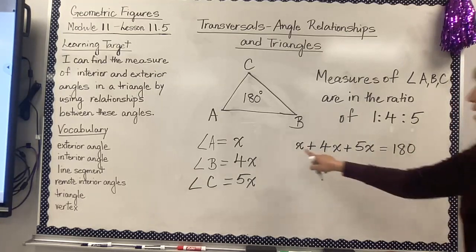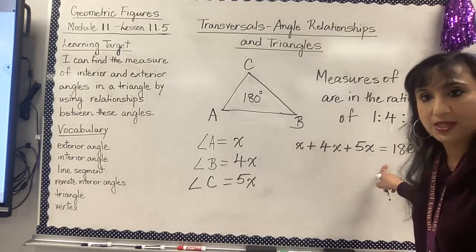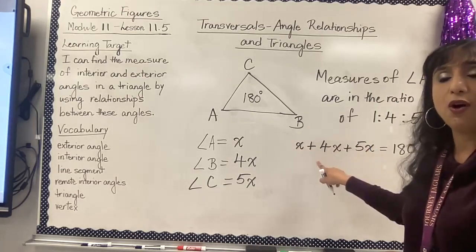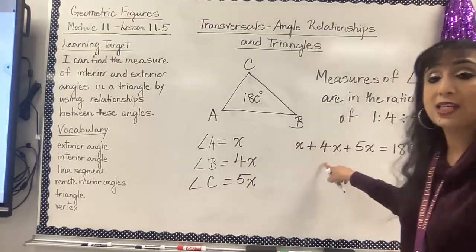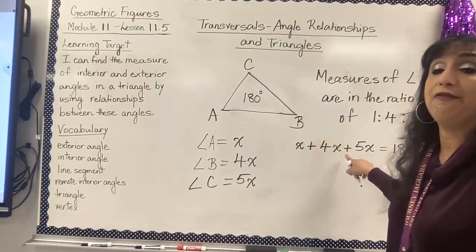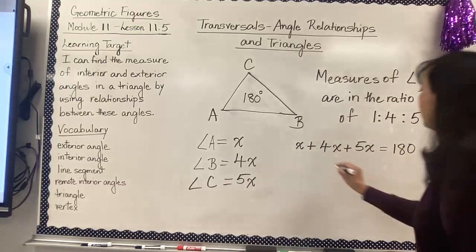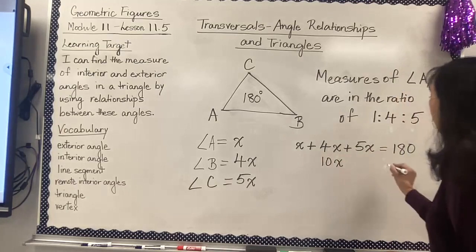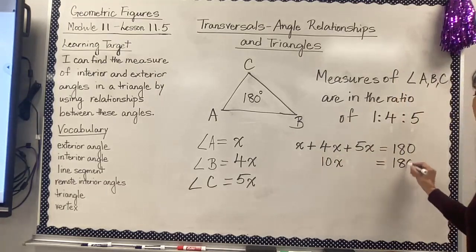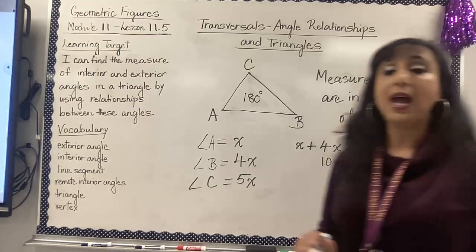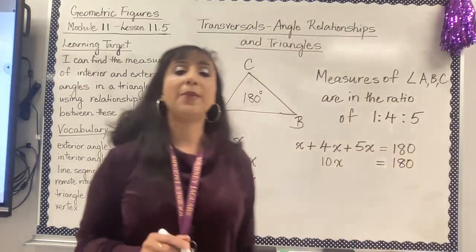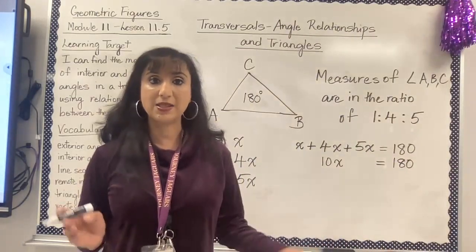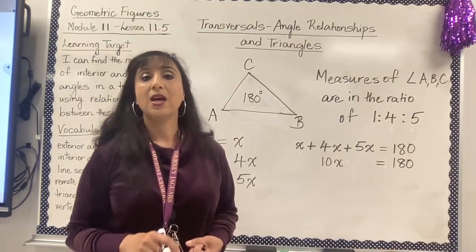Okay, so these are all like terms. So that means I can add them. So x plus 4x is 5x, and 5x plus 5x gives me 10x is equal to 180. And then the opposite of multiplication, because 10x means 10 times x, is division.